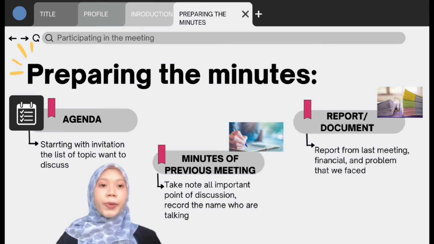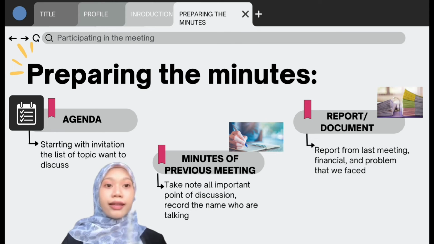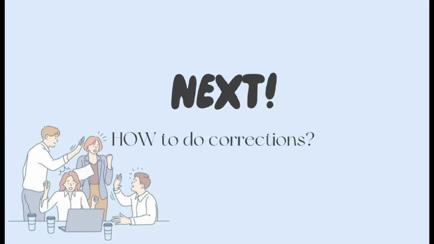While the minutes are prepared during the meeting by the secretary, she needs to write down the history, all the process, and decisions in the meeting. Then don't forget to bring documents or reports to the meeting, such as the finished documents and the last report of the meeting. Next, let's move on to the second presenter.